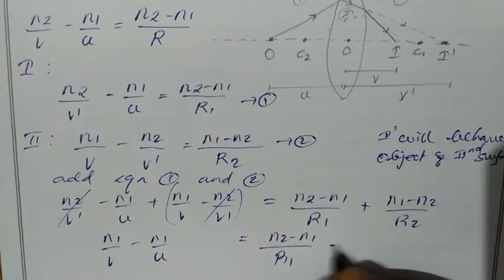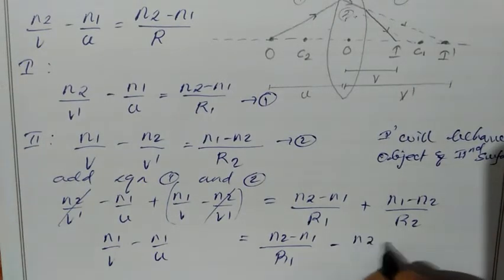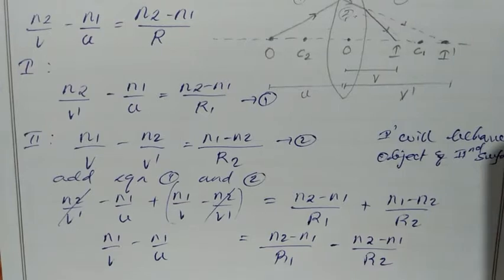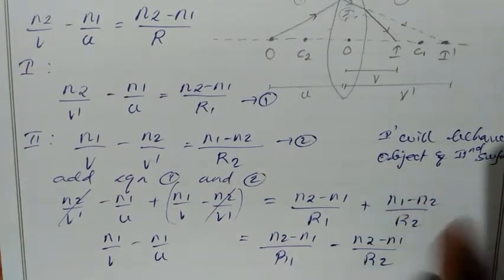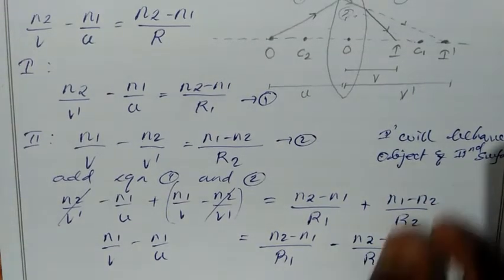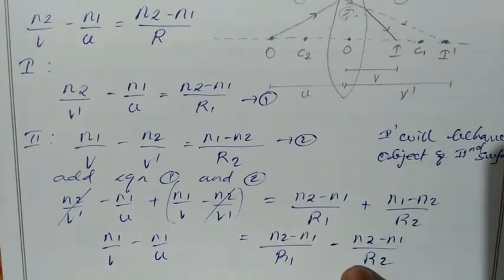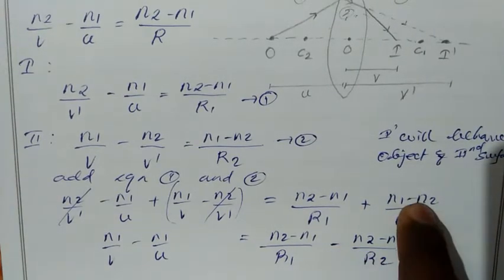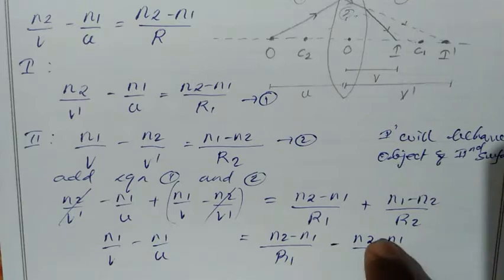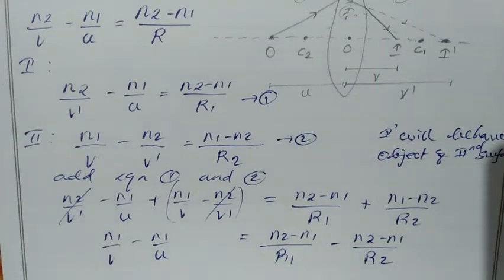Correct? So minus n2 minus n1 divided by r2. How did the minus come here? We just interchanged it. Okay, if you multiply, we get the same answer. If you multiply minus with n2, we have minus n2. Multiply minus with minus n1, we have plus n1. Okay, we just changed the sign. That's it.